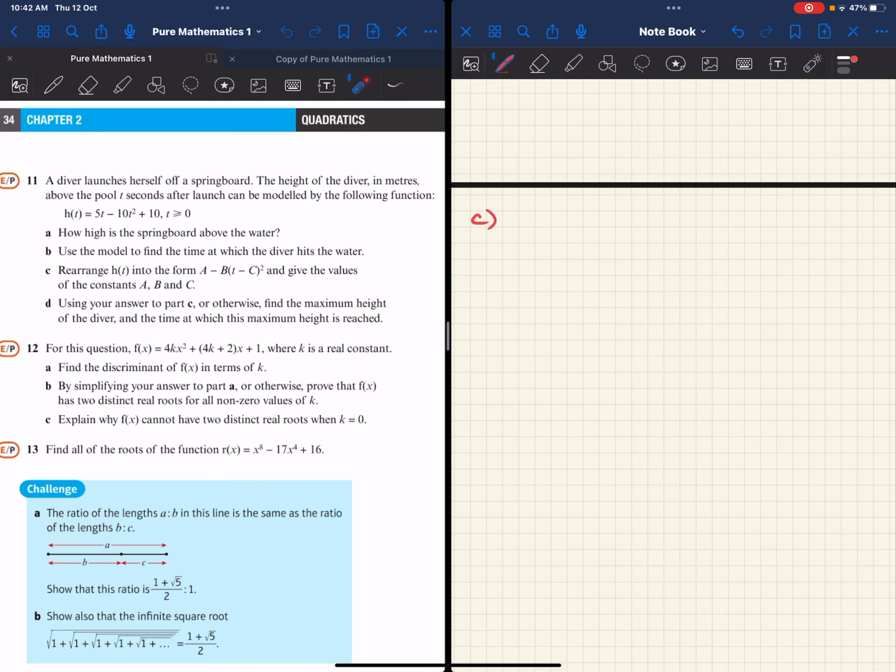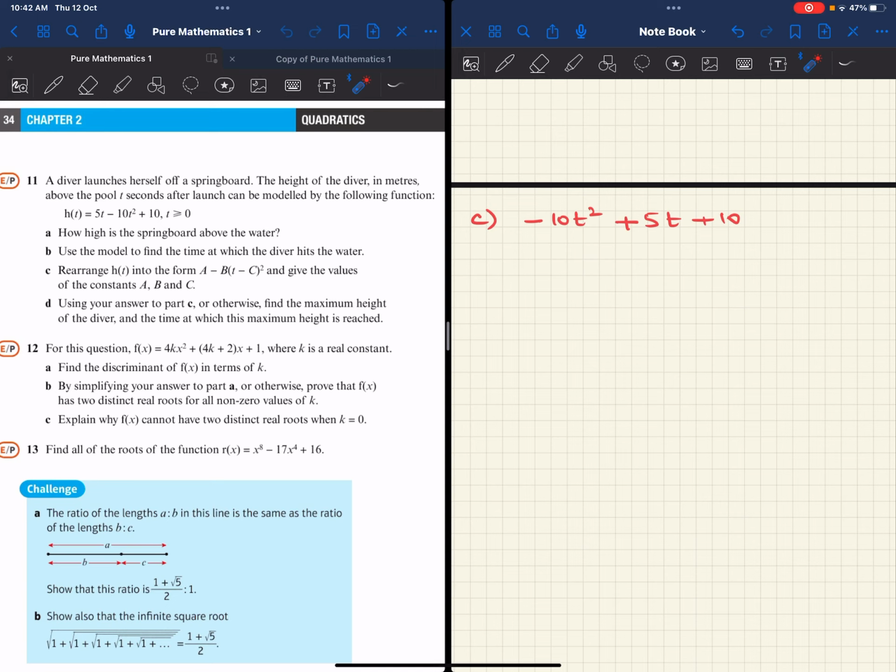We have minus 10t squared plus 5t plus 10. So we can pull out the negative 10 outside, because when we do completing the square, we need to have a 1 as a coefficient of the t squared here.